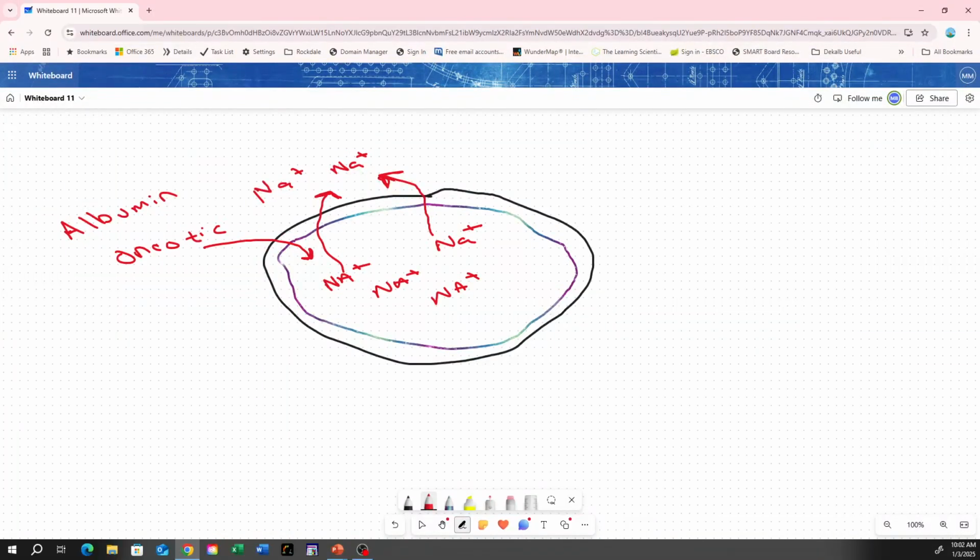So this would be considered hypertonic if this is, excuse me, extracellular fluid, and this is intracellular fluid. It's going to draw sodium out to the extracellular fluid, and so that is going to make the cell hypertonic.